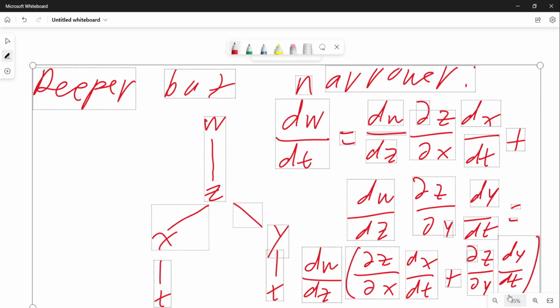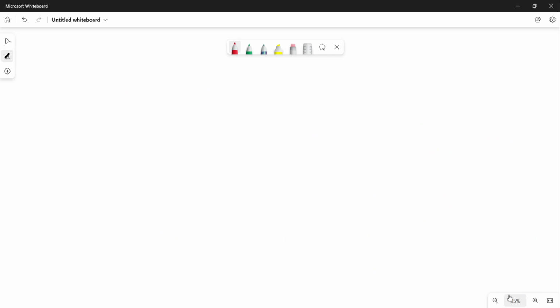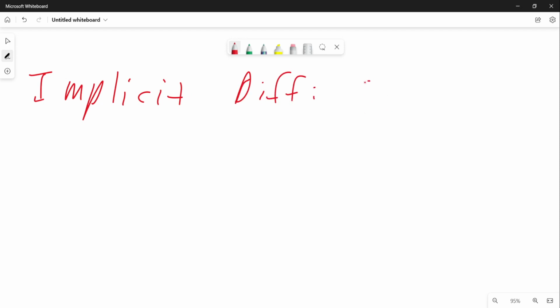One of the best uses for this, one of the best things the chain rule is used for, is for doing implicit differentiation. So that is f(x, y) = 0. We've talked about, we have an implicit function defined that way.